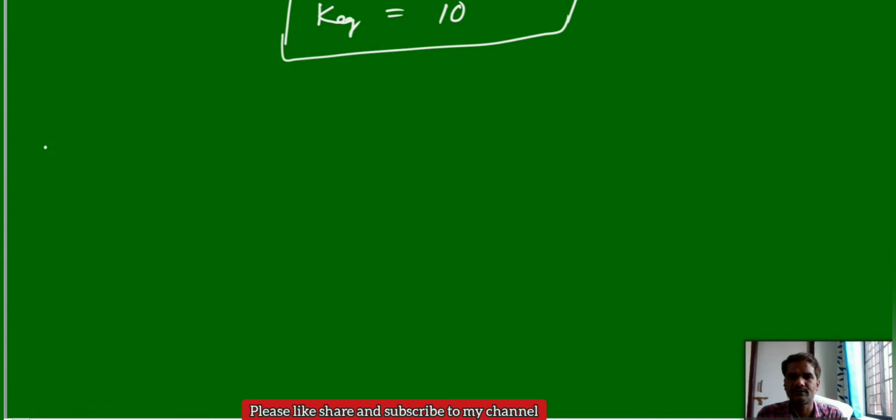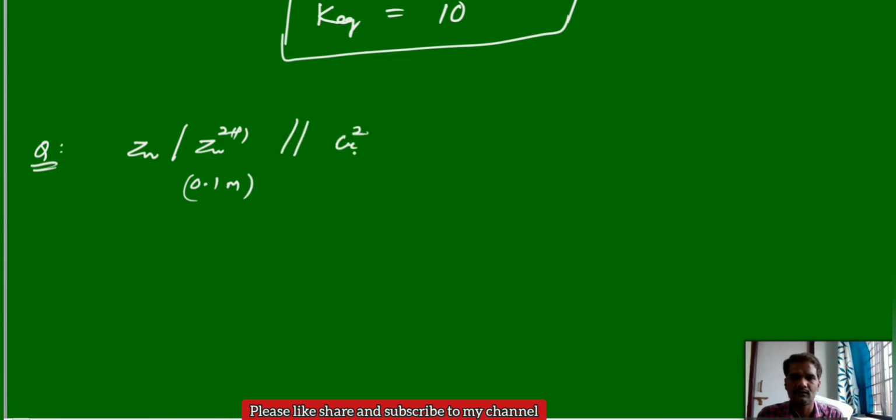We will see one question. For a cell reaction like this, zinc, zinc 2 plus whose concentration is 0.1 molar, copper 2 plus 0.01 molar, copper, and whose reduction potential values are given like this.